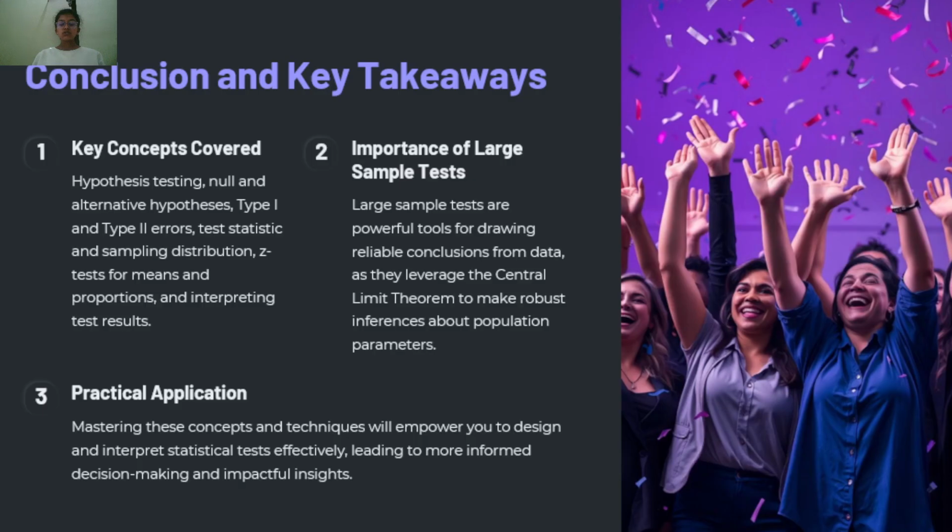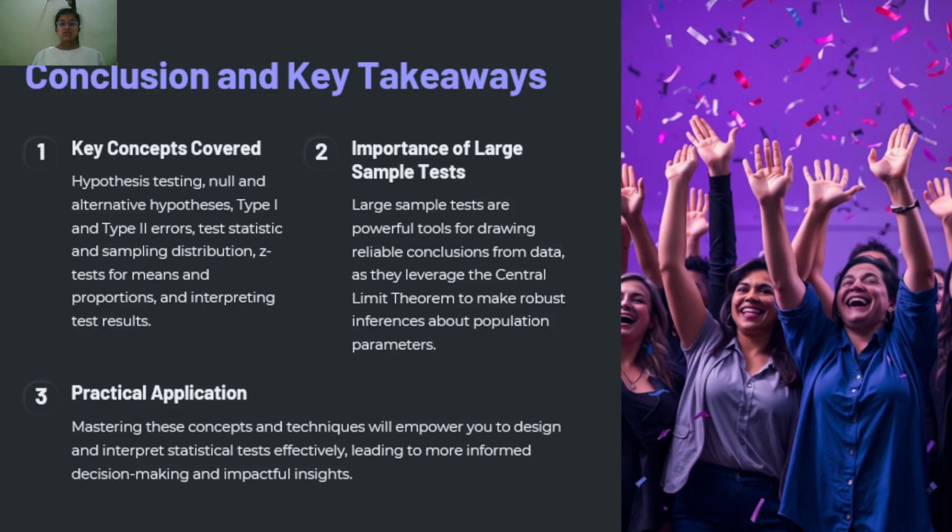So, conclusions and key takeaways. The key concepts which we covered in this PPT are hypothesis testing, null and alternative hypothesis, and type 1 and type 2 errors. We spoke about all of these topics, as well as test statistic and sampling distribution, Z test for means and proportions, and interpreting test results. Next, the importance of large sample tests.